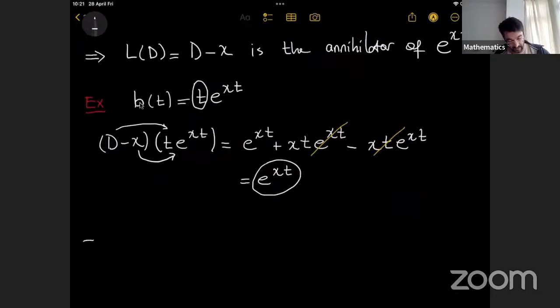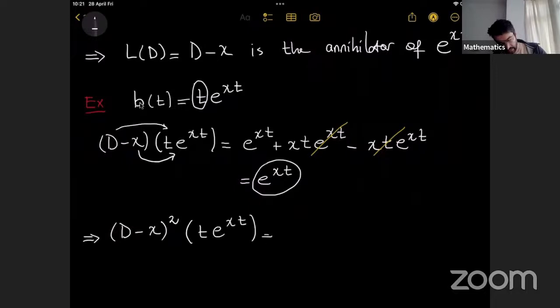So this implies, when you apply d minus lambda again, that d minus lambda squared applied to t e to the lambda t is equal to d minus lambda applied to e to the lambda t, but this is zero as in the previous example.